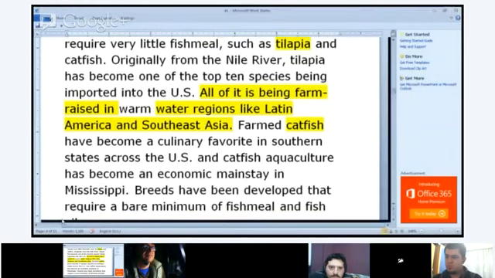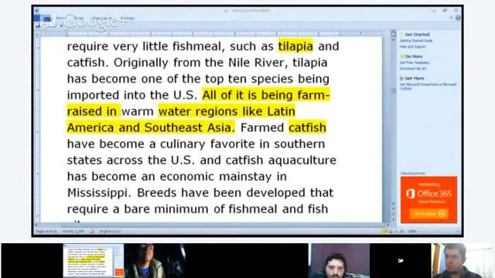It has whiskers. Whiskers are the long hairs that grow on a cat's face. All right, and where is it being raised? Where is it being farmed?